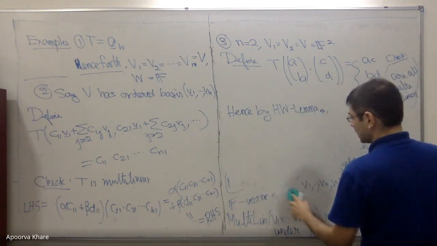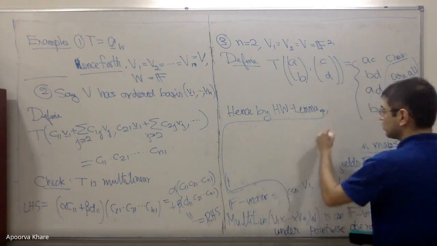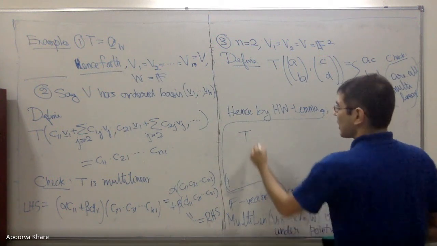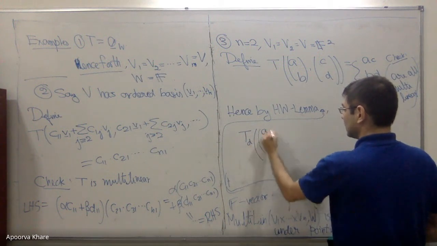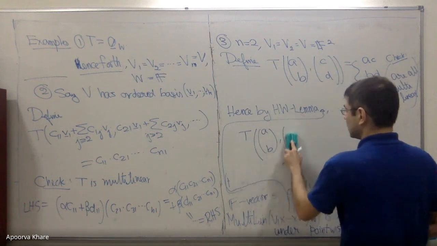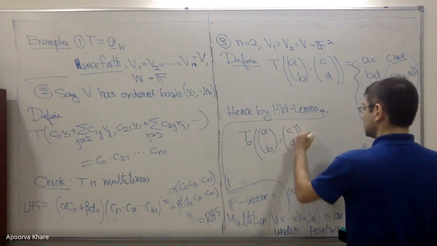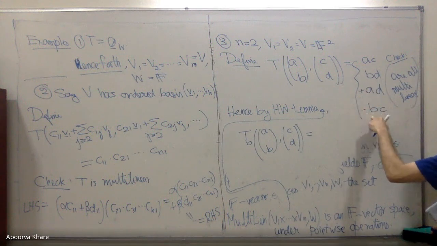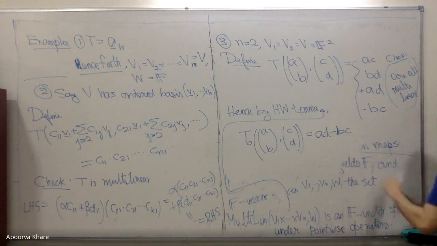So hence by the lemma, the map T of (a, b), let's call it T_D. Oops, I can't call it D because D is here. I'll just call it T naught of (a, b) comma (c, d). I can take a linear combination. Let me take 1 times this and minus 1 times this. This is a multilinear map.